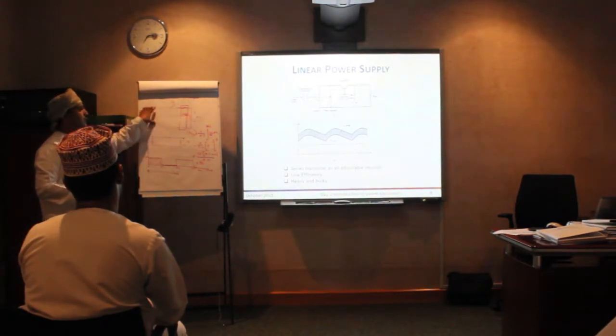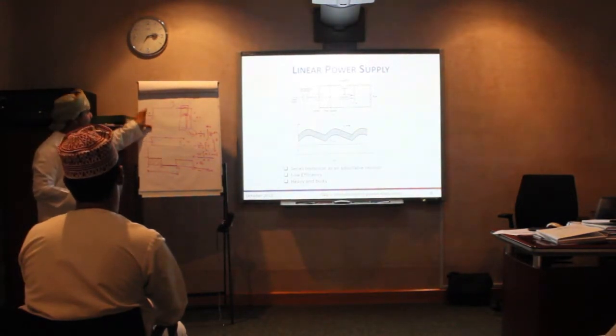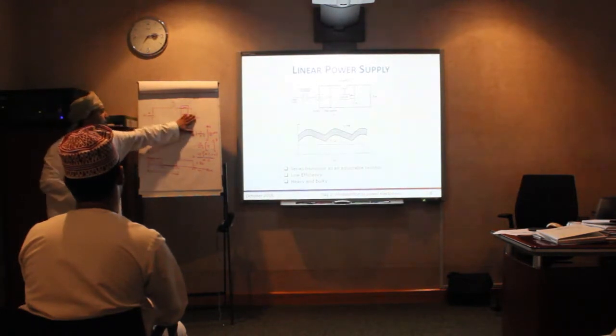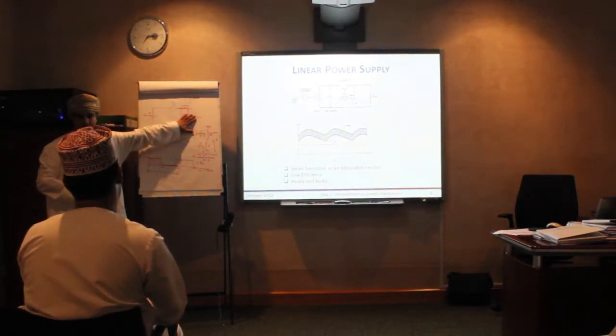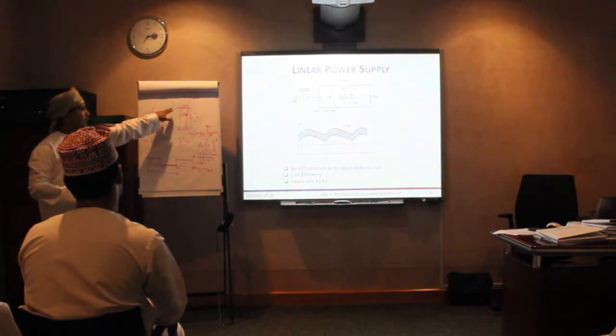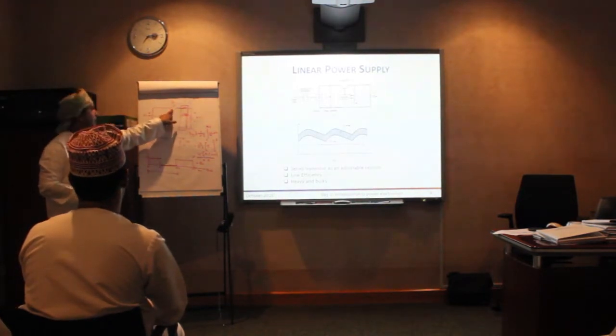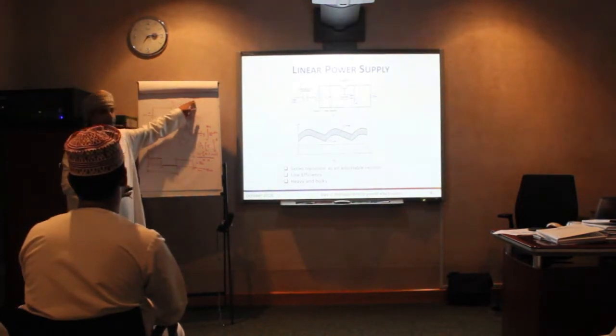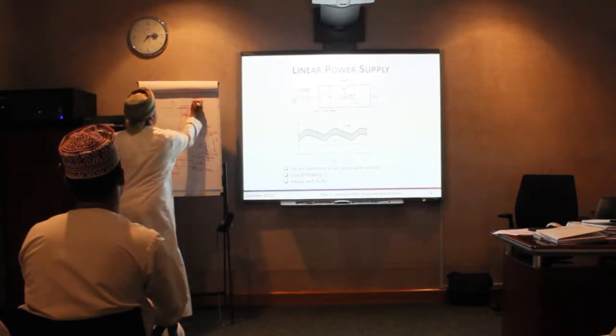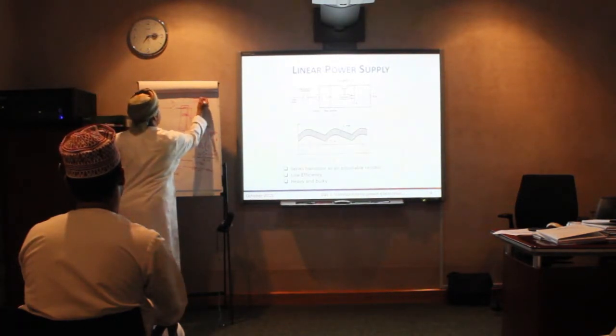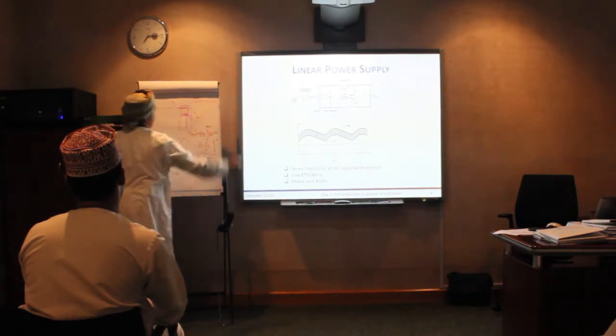The voltage here, exactly according to KVL, is 10 because there is no voltage drop across that one. What about the current? 0. Therefore, 0 times 10. So definitely 0 watt here.